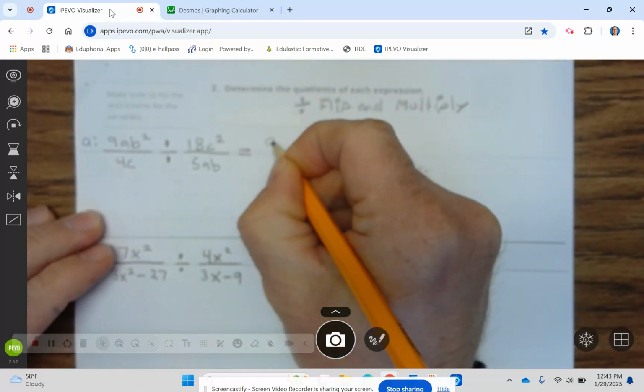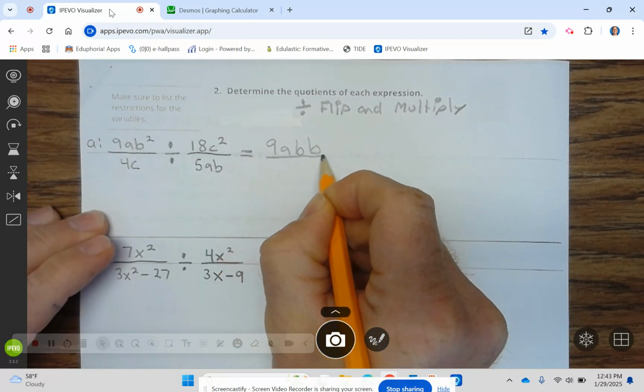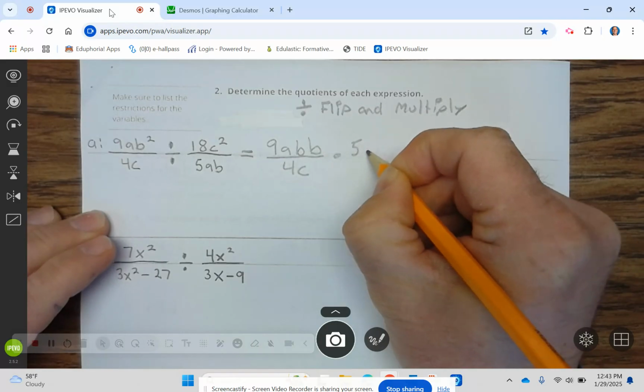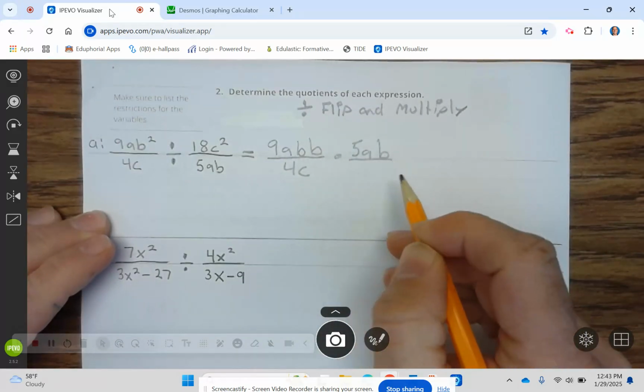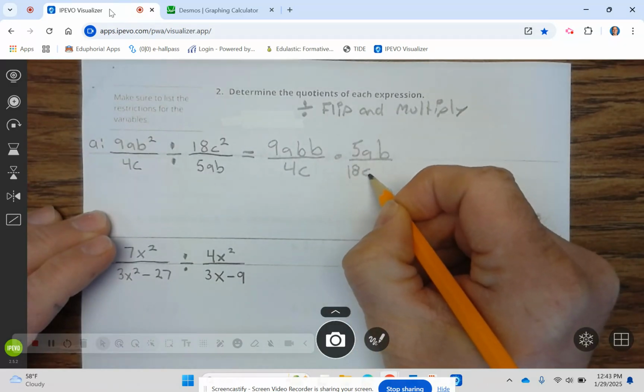So we have 9ab divided by 4c times 5ab divided by 18 c times c.